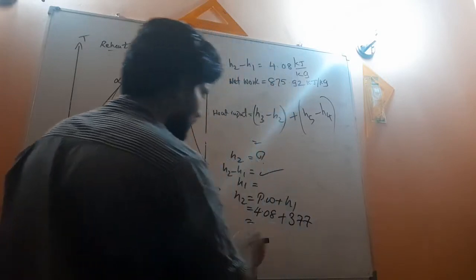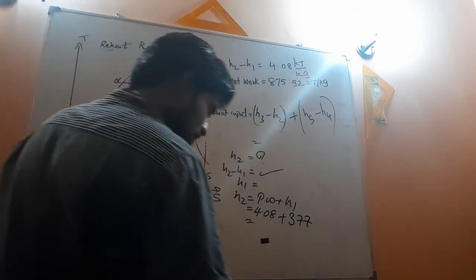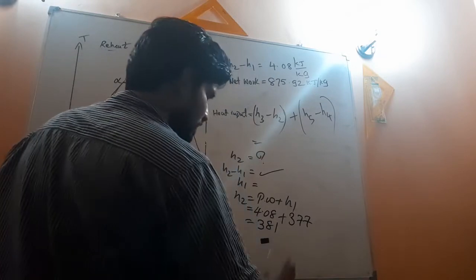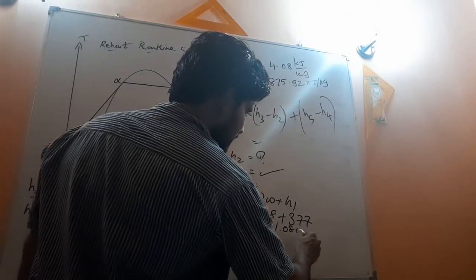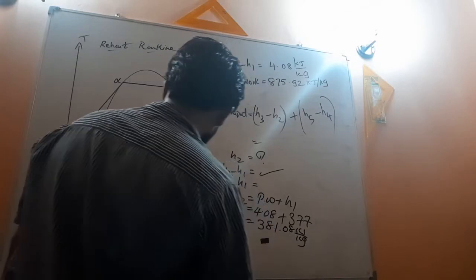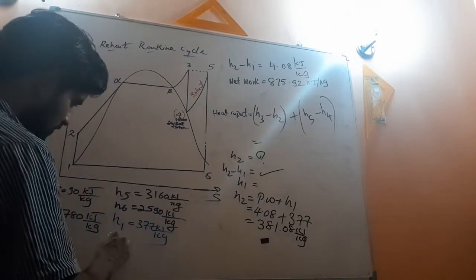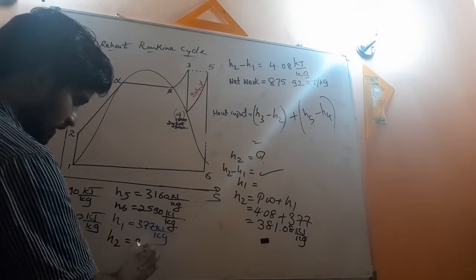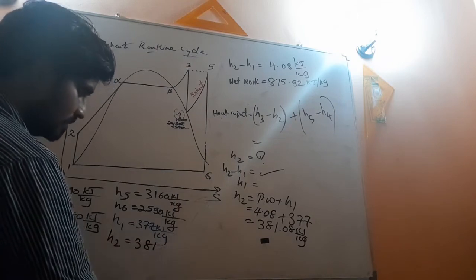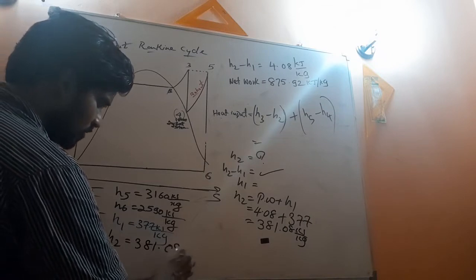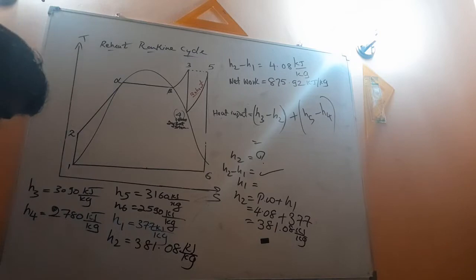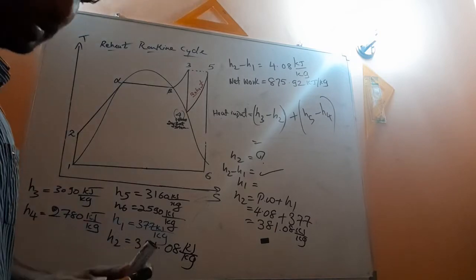So what is H2? 381.08 kilojoules per kilogram, right? So that is H2.